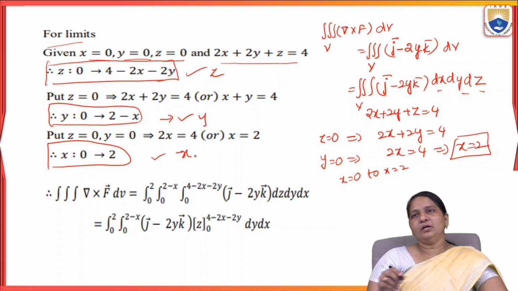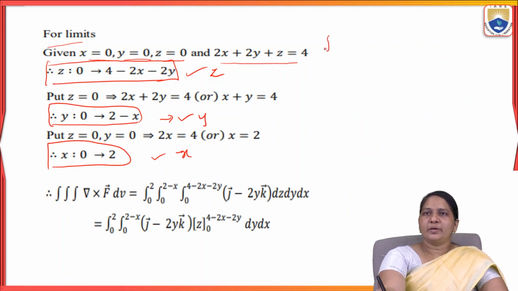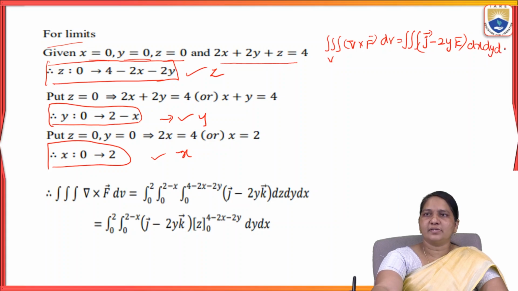Now I can integrate. Triple integral over V of del cross F into dV is equal to triple integral, del cross F value is j bar minus 2y k bar, in place of dV we can write dx dy dz.